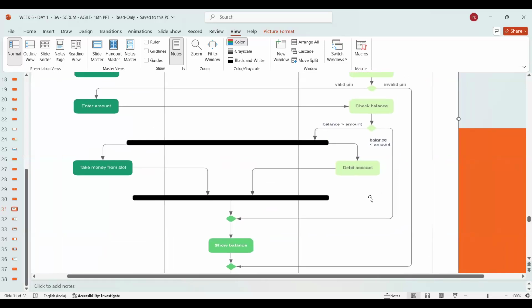In case it is an invalid PIN, you are not allowed to do anything, and you're out of the entire process. You're not able to withdraw, and you just have to leave.